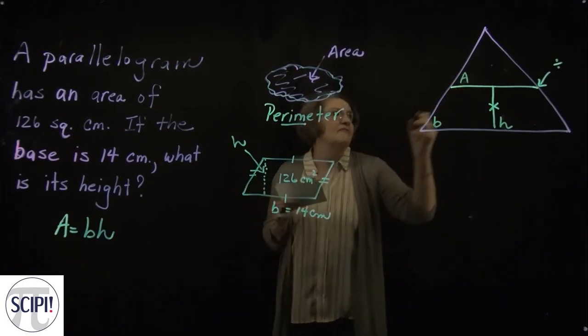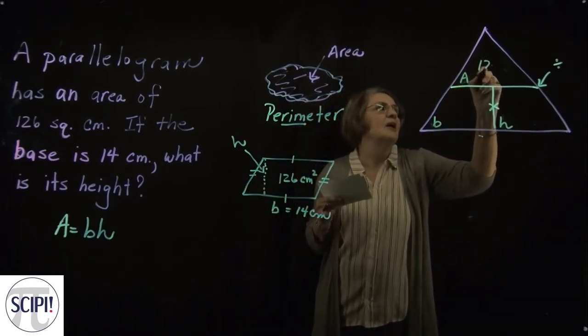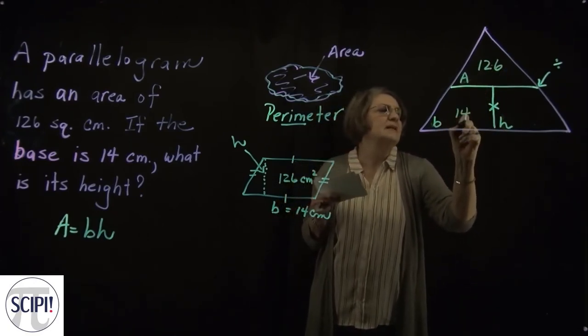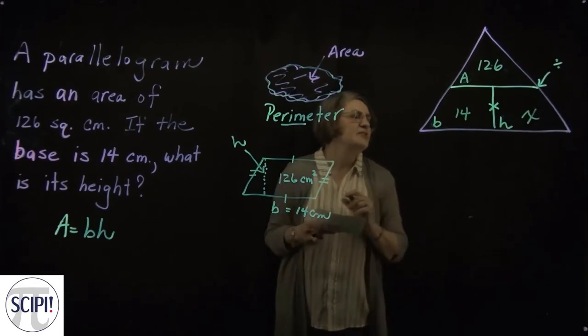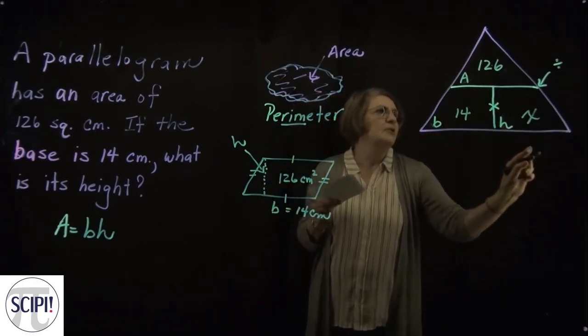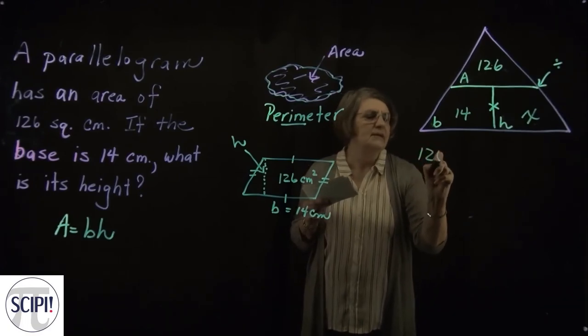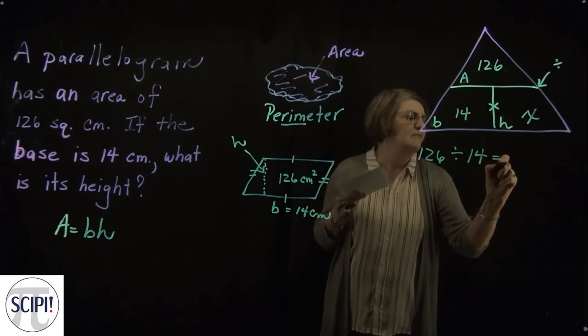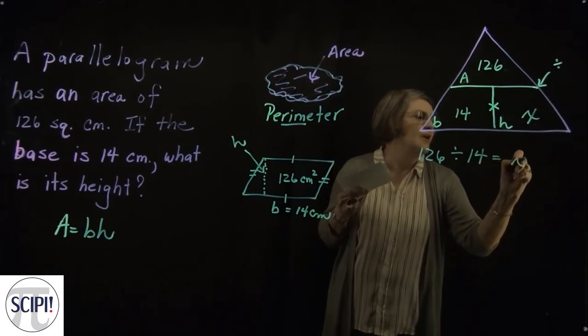So let's go ahead and fill in our graphic organizer. We have 126 here. We know the base is 14, but we don't know the height. This is sort of like the problem we just did, isn't it? So I'm going to rewrite it down here and work it. So we have 126 divided by 14 is going to give me x, or the height.